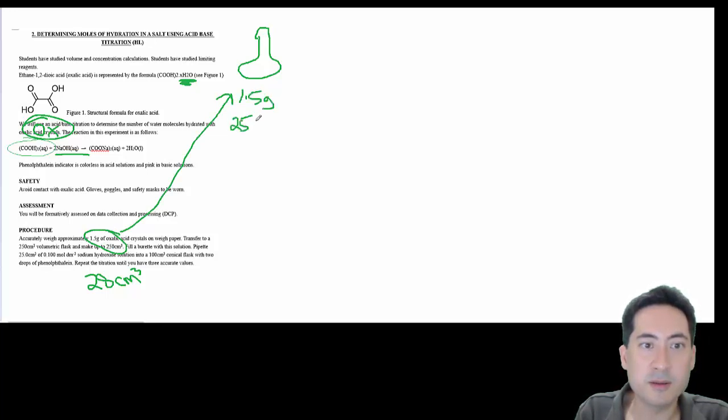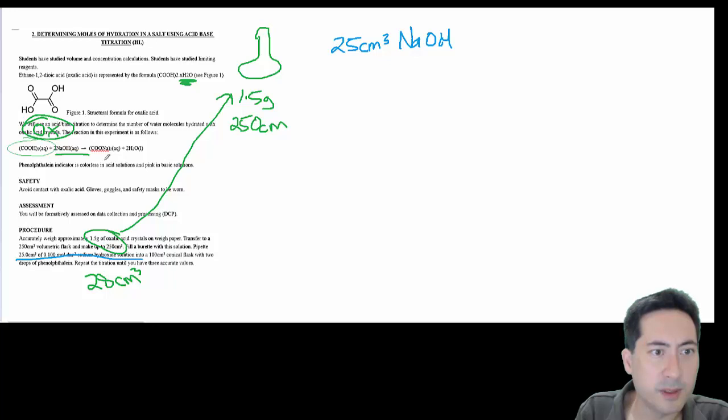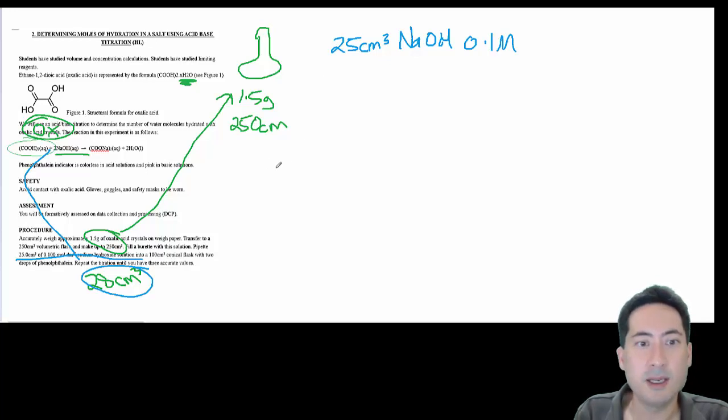And so what you then did was you got 25 mils of sodium hydroxide, and that was 0.1 molar, and eventually you worked out that it took 28 centimeters cubed of oxalic acid to neutralize that. Okay, and you did that in your conical flask.